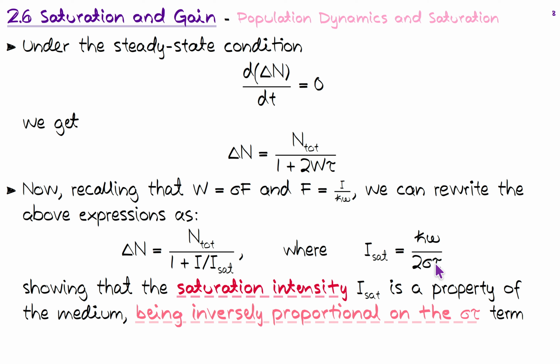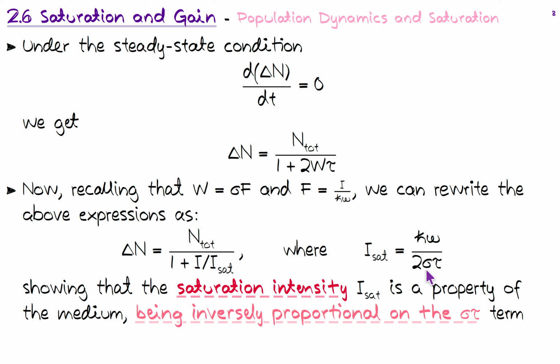And the main parameters of interest here are the absorption cross-section, so essentially how easily can we have light being absorbed into the material, and then also the lifetime of this transition. If we, for example, have a shorter lifetime here, you can see the implications it has for the saturation intensity.